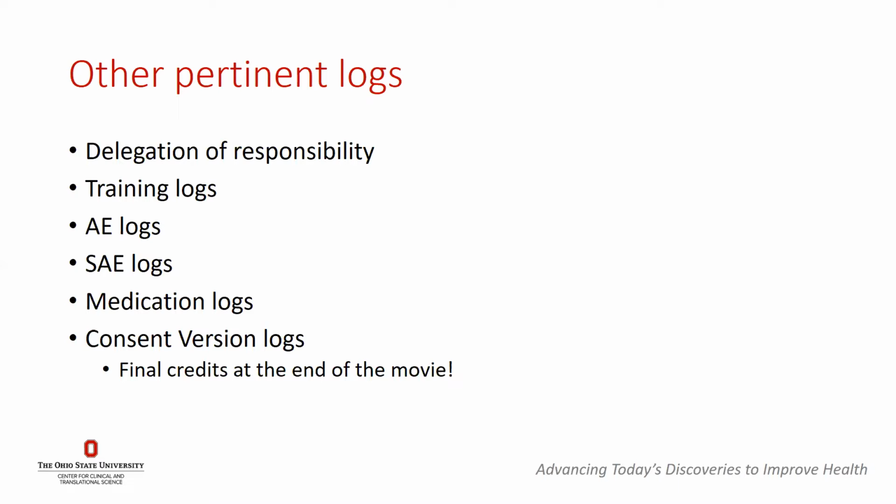If you've gone in and you've added a medication, you want to put your initials there, that you were the one that added it and what you were basing that on. So again, making sure that it's attributable.